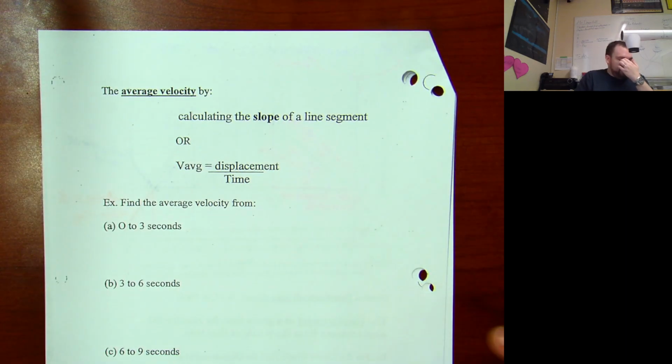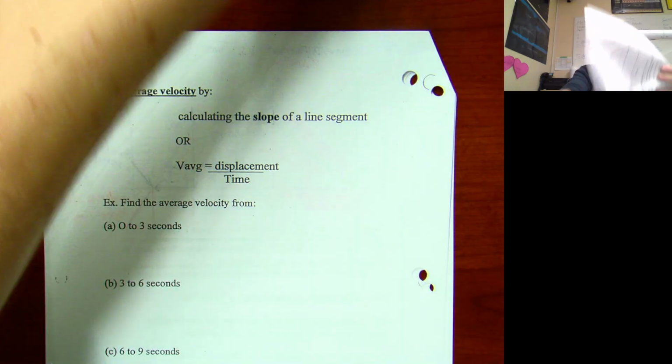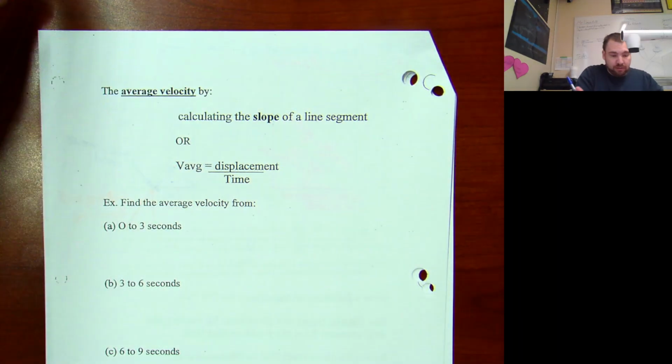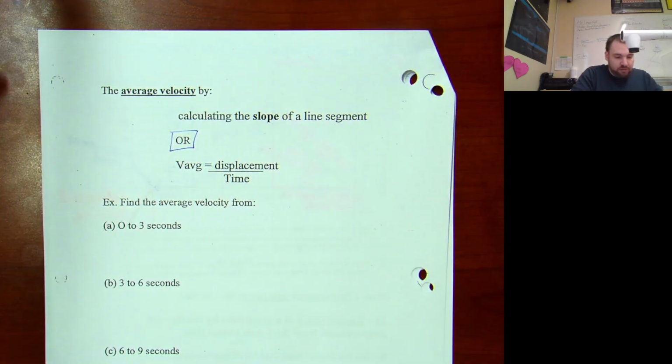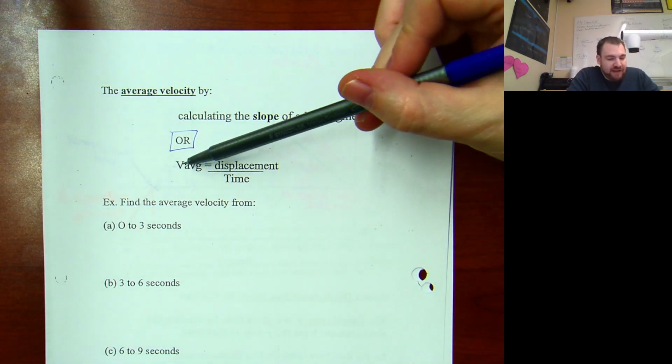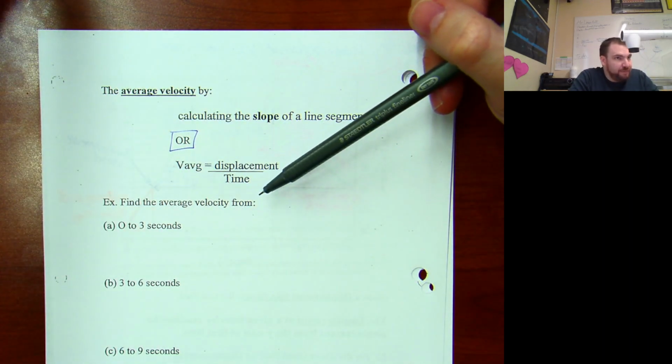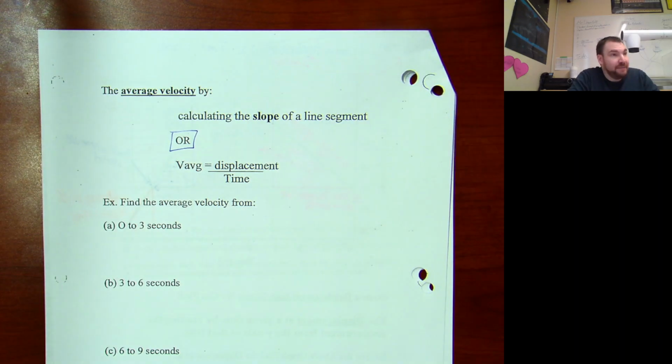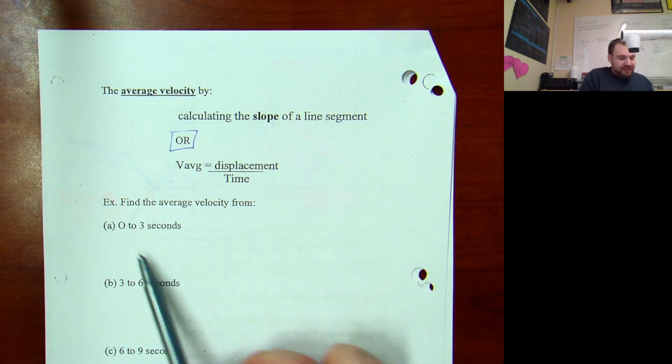You've done this already, but you know now that the average velocity can be found by calculating the slope of a line segment, or we can use v average equals displacement over time, depending on the time interval that we're given. So this one here, 0 to 3.